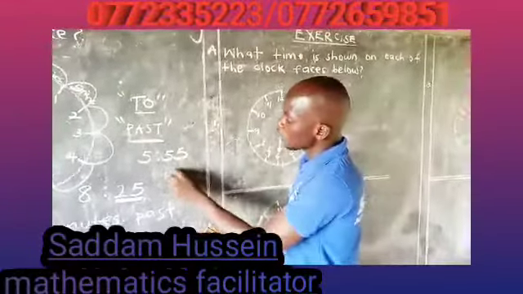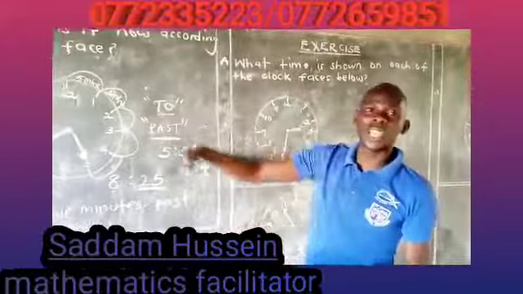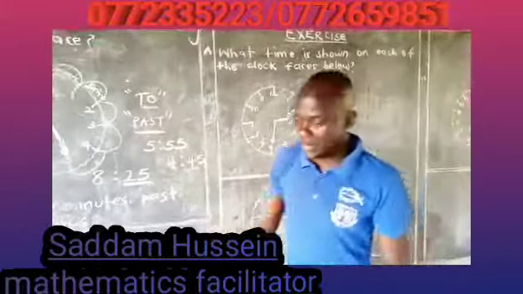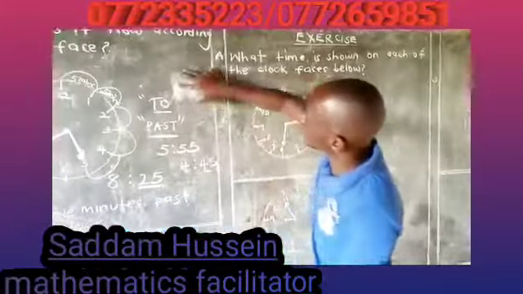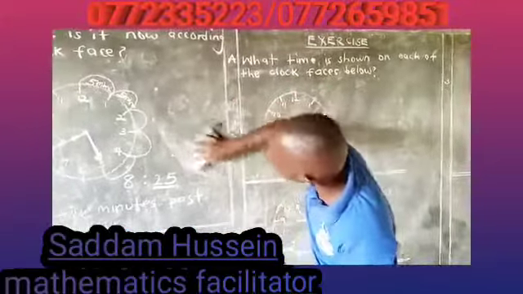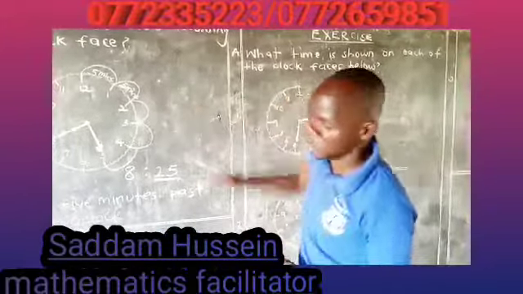So how many minutes are left to make 60? We have 15 minutes to make 60. So you will say 15 minutes to 5. The next hour after 4 is 5. So I want you to take time and practice this, and it will give you a lot of opportunity to answer more work about time.